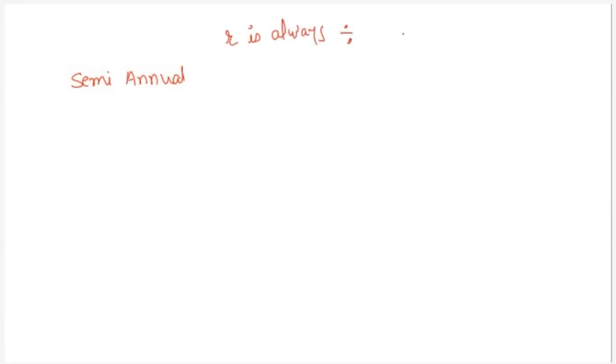R is always divided and N is always multiplied.